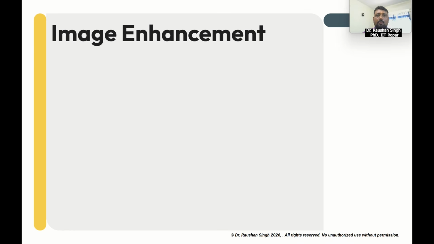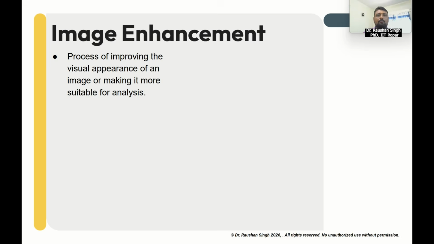Basically, it will be visually more appealing to the human eyes, as well as very accurate for machine-based operations, for example for robotics and computer vision. All those applications will be better when the image is enhanced using digital image processing.